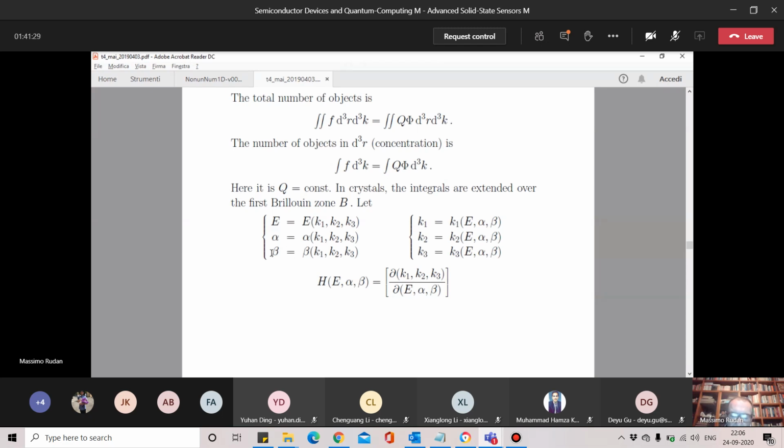It is symbolically indicated in this form. You remember it is a 3 by 3 determinant whose elements are derivatives of K1 with respect to E, with respect to alpha, and with respect to beta. Then the second line is derivatives of K2 with respect to E, alpha, and beta, and so on. Okay?